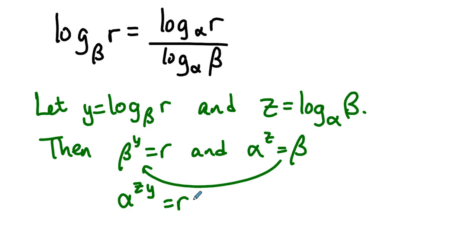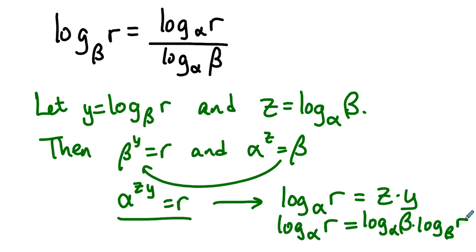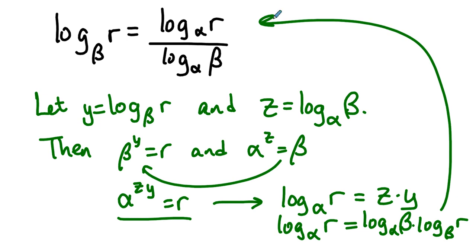Alpha to the z is beta, so alpha to the z to the y is r. And this implies that the log base alpha of r is z times y. Well, this is the log of r base alpha, right? So this means that the log base alpha of r is z times y. And that very quickly gets us to here with a little bit of algebra, and we're done.